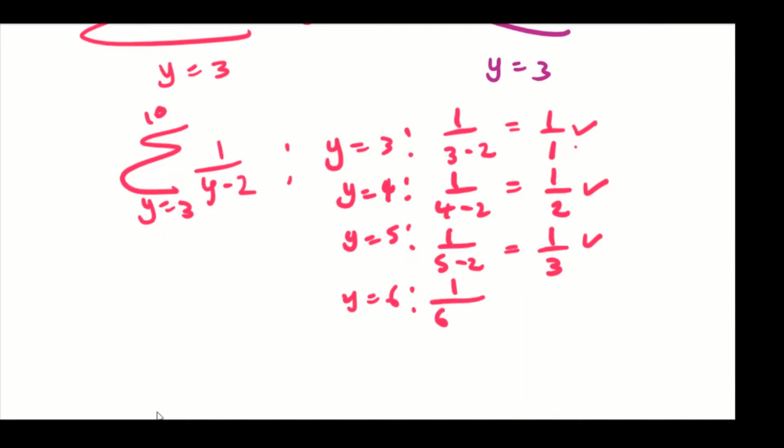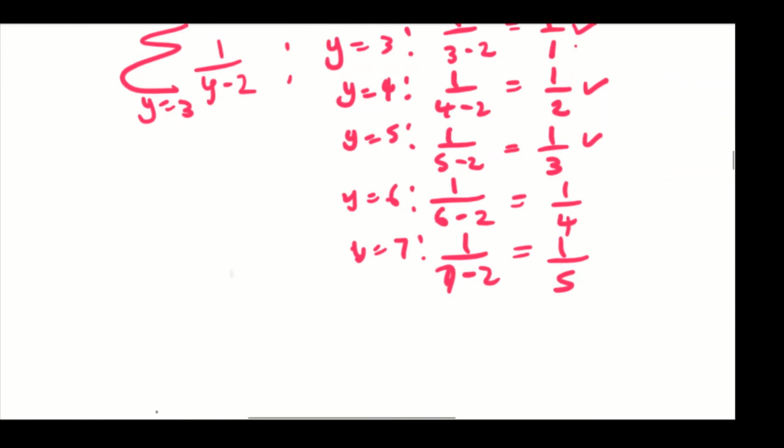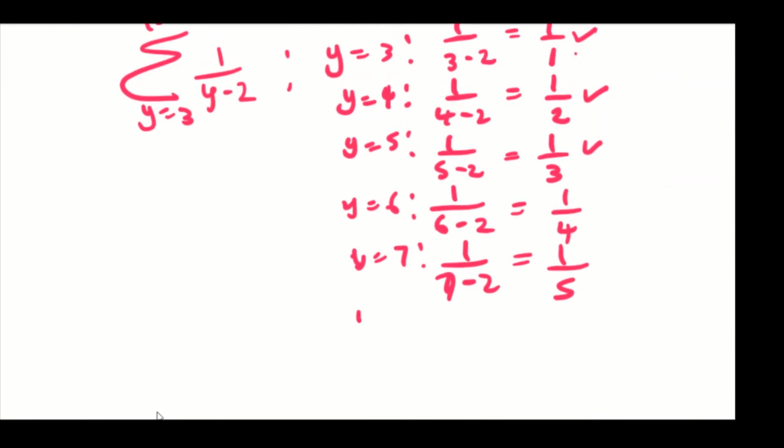When y equals 6, it's 1 over 6 minus 2, which is 1 over 4. Y equals 7 gives 1 over 7 minus 2, which is 1 over 5. Y equals 8 gives 1 over 8 minus 2, which is 1 over 6.